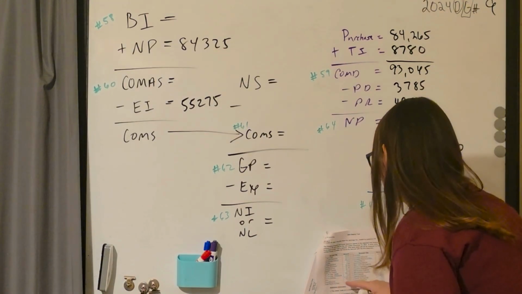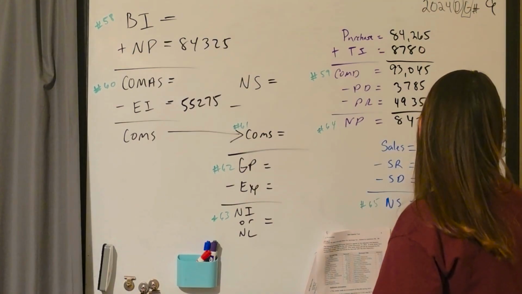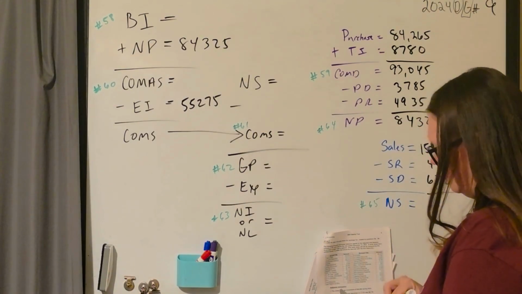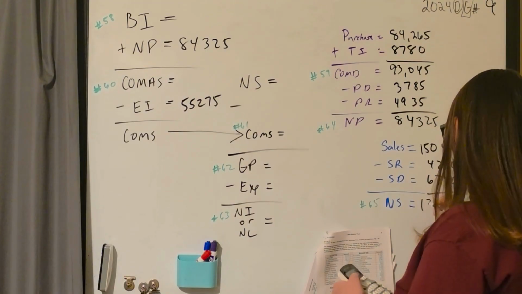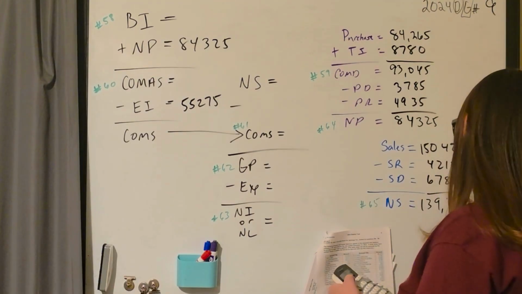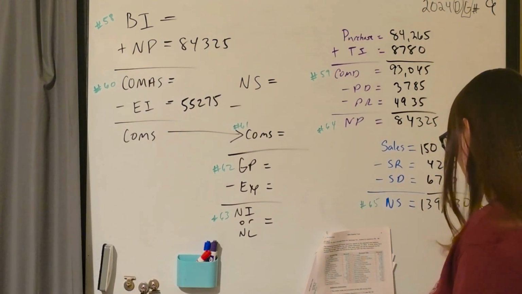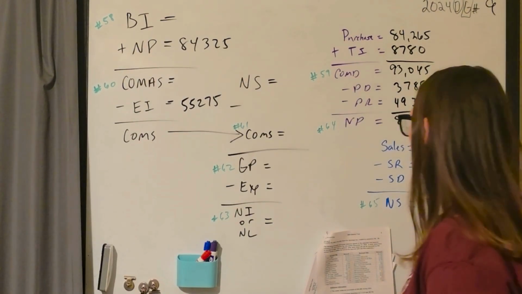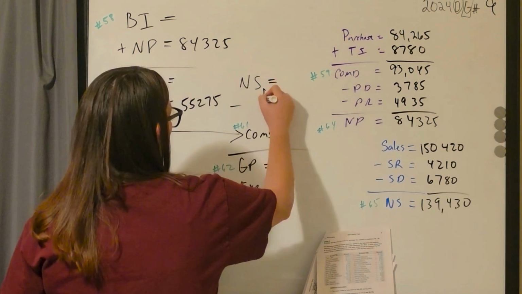Minus sales discounts, $67.80. So my net sales is $139,430. That is the answer to number 65. Now I'm going to place this in the equation.